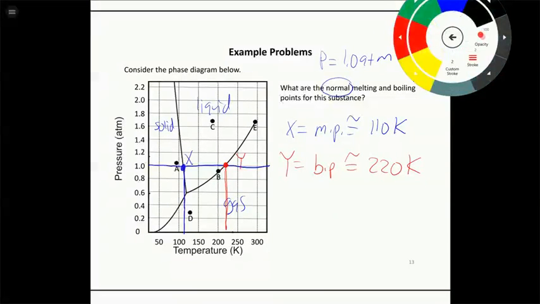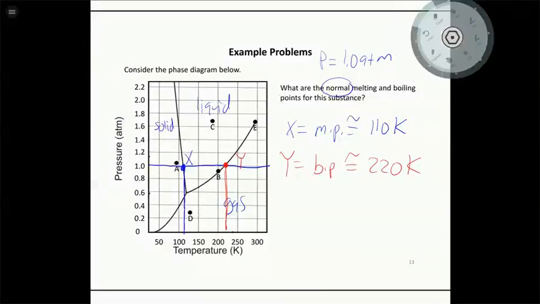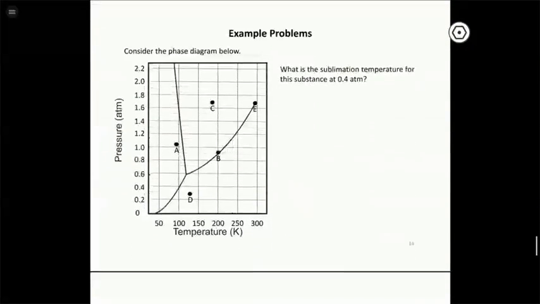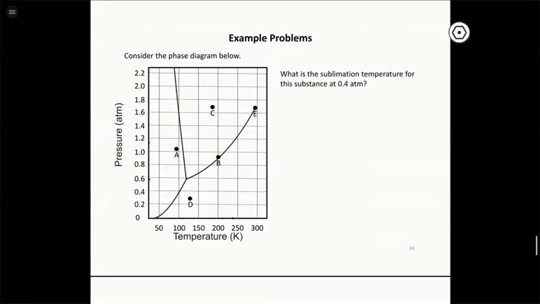All right, let's see what's next. A few more. We want to know the sublimation temperature for this substance at 0.4 atmospheres. Remember that sublimation means going directly from solid to gas.